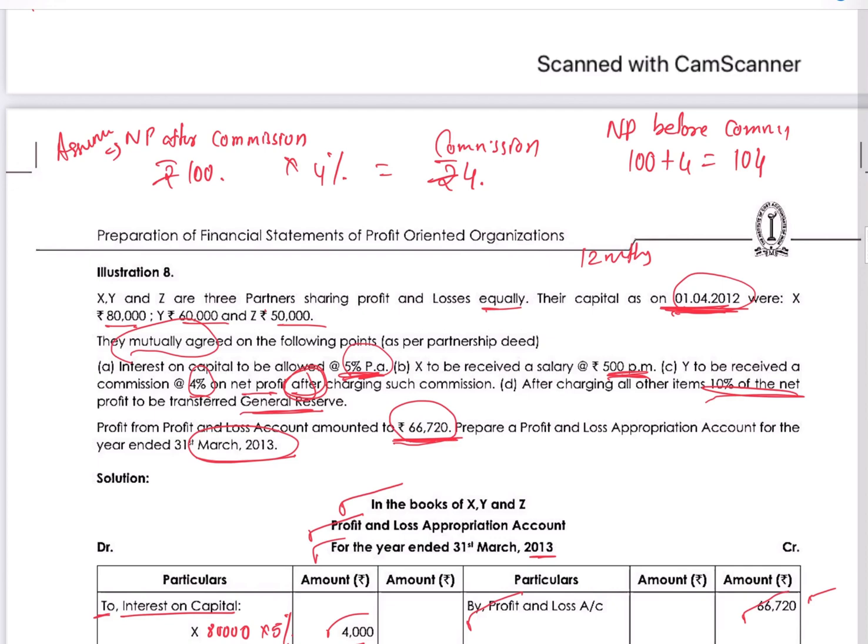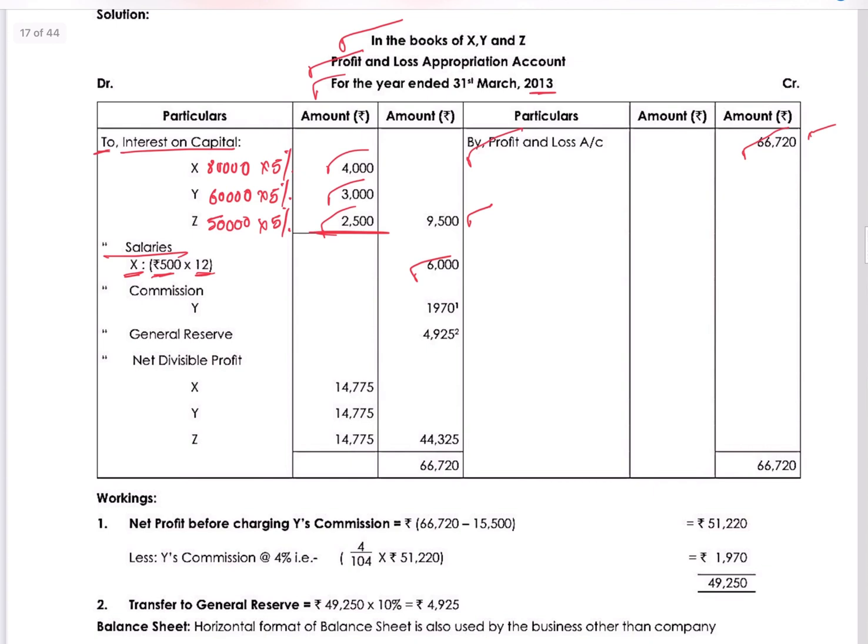Now we have the figure 66,720. From that our interest on capital went off and salary went off. So what is the net figure they have given here? 66,720 minus 15,500. What is 15,500? It's nothing but 9,500 plus 6,000.